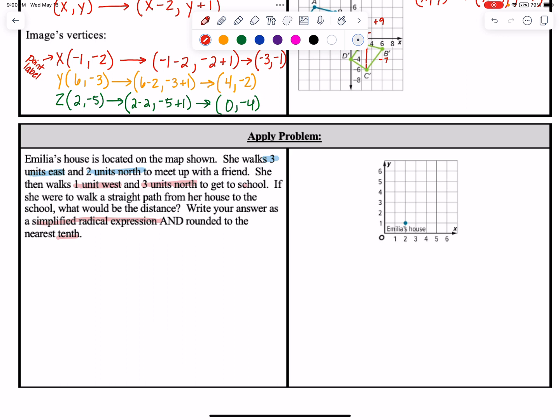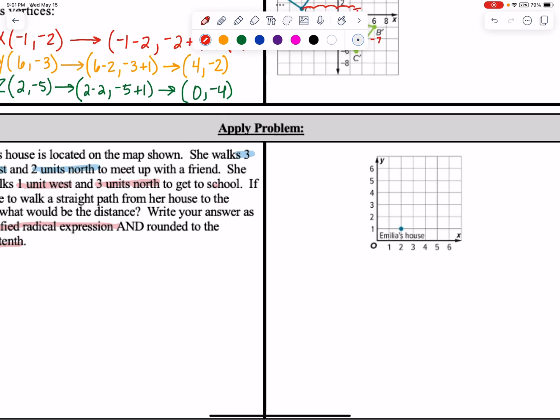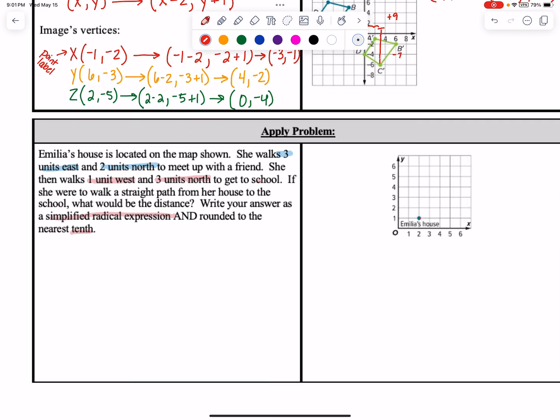Okay, she's starting at the house, and it says she walks 3 units east. So how many spots? 1, 2, 3 units east. So there we are. And then she goes 2 units north. I'm not going to have a line here, I'm just tracking 1, 2, 3, and then 3 units north, 1, 2.